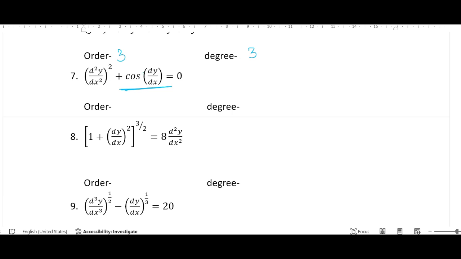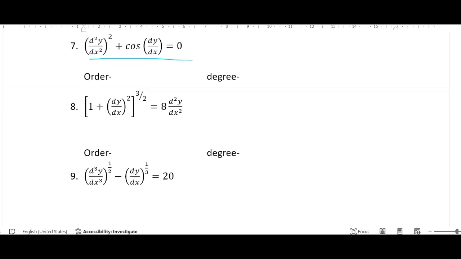Why? Because cos is not a polynomial function, and if you are using a differential inside it, that means this cannot be differentiated further. You'll get a minus sign, dy by dx, and you'll have to differentiate this again, d square y by dx square. This is not a normal function, right? Hence, you can say that in a way we cannot determine the order and degree of this particular equation.